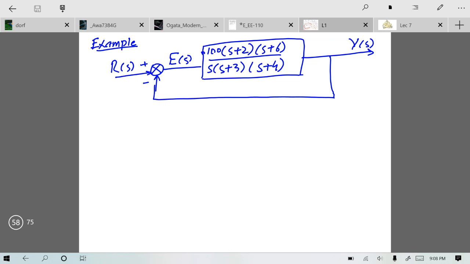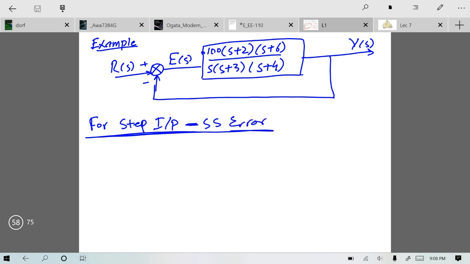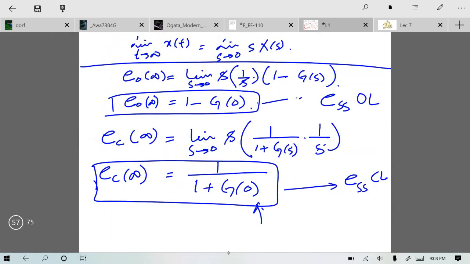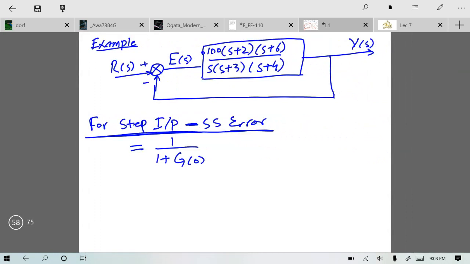So the steady state error for step input for this typical system would be 1 over 1 plus G of 0. What is G of 0? Put s equal to 0 in this expression.